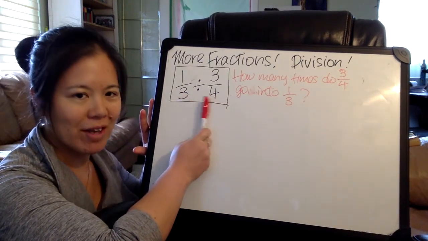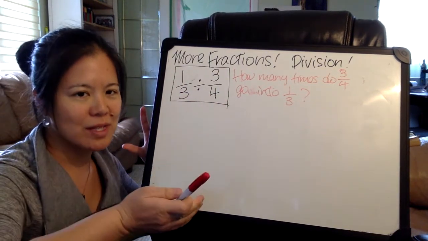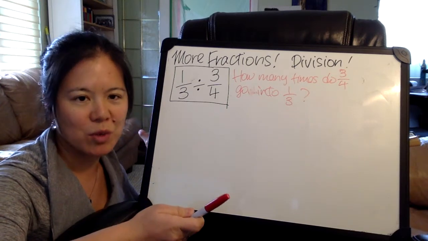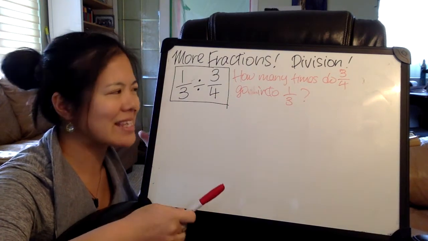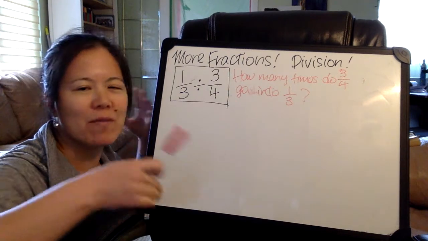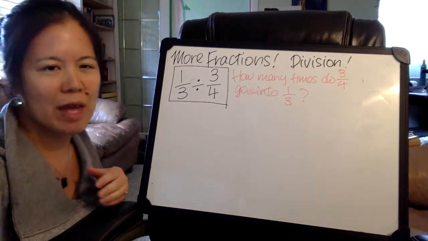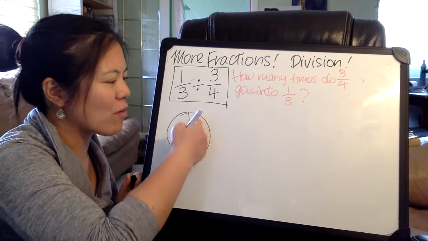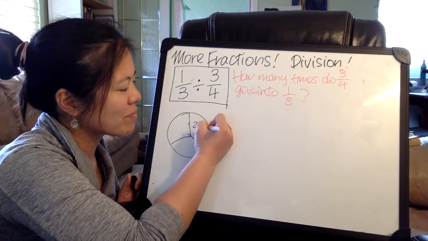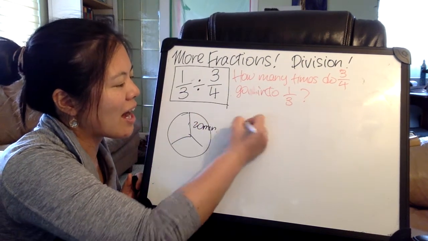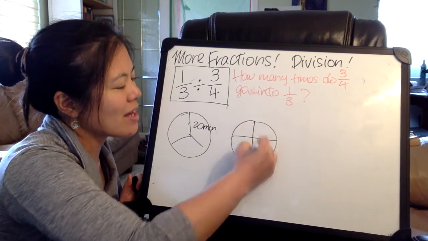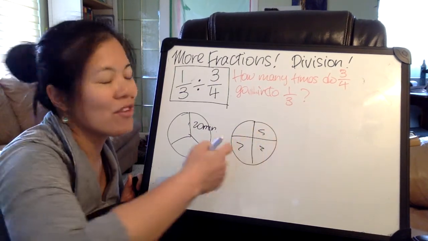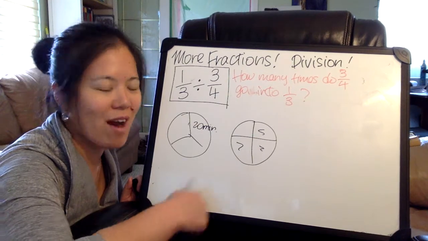When we are comparing these two fractions, which one is bigger, 1/3 or 3/4? If you're imagining a clock, I know that 1/3 is 20 minutes, and 3/4 is 45 minutes.